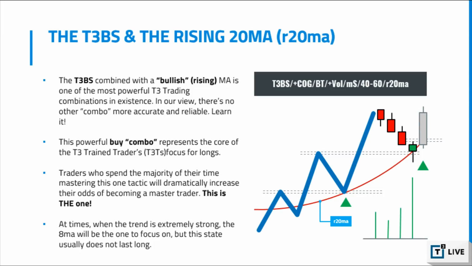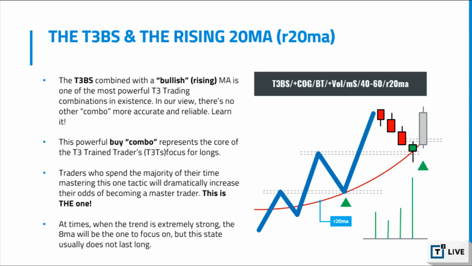We rank the plays. So when you get a buy setup at the rising 20, that's almost a near perfect buy setup. The T3 buy setup combined with a bullish rising MA is one of the most powerful T3 trading combinations in existence. In our view, there's no other combo.